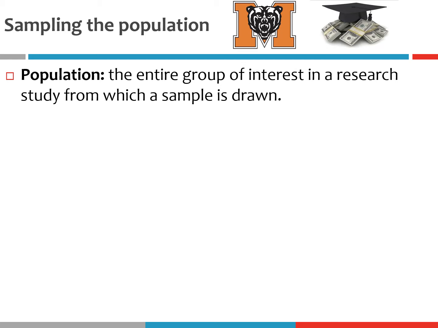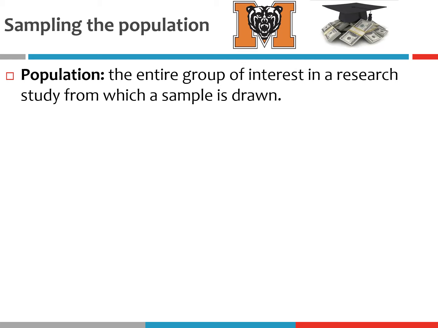But unfortunately, questioning the entire population is usually impractical, right? Because you may not be able to identify all of the members of a population, particularly if that population is extremely large, right? So you might be able to find Mercer students who are psychology majors or Mercer students who are on campus, right, rather than learning online.